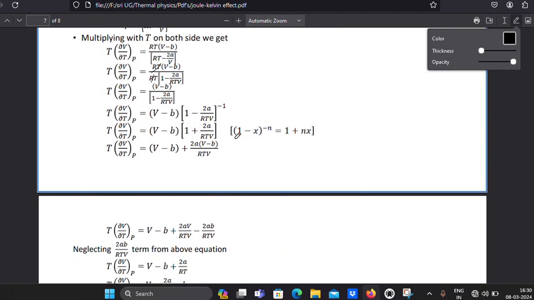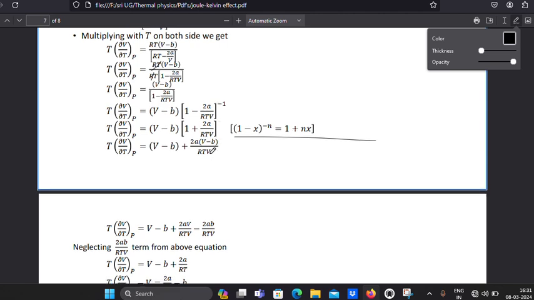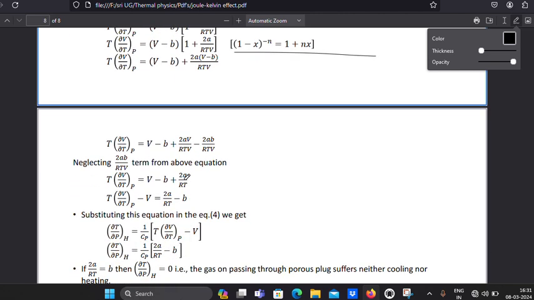Now apply binomial expansion. After doing the binomial expansion, multiply this term inside the whole bracket. So this bracket into 1 as it is, this bracket into this one only. Now separate it: 2a by rtv, 2av by rtv minus 2ab by rtv.